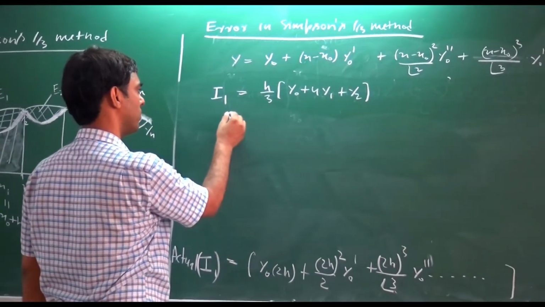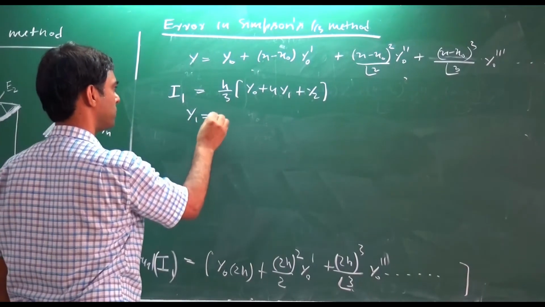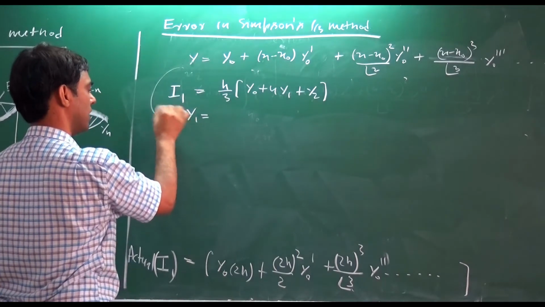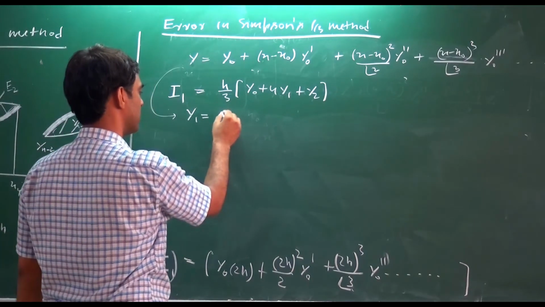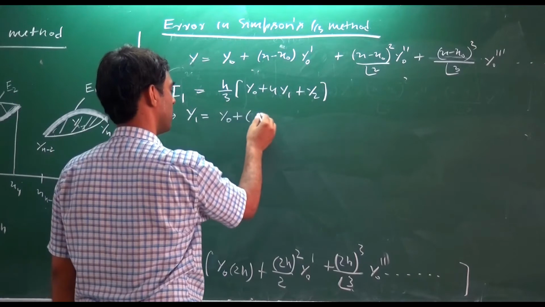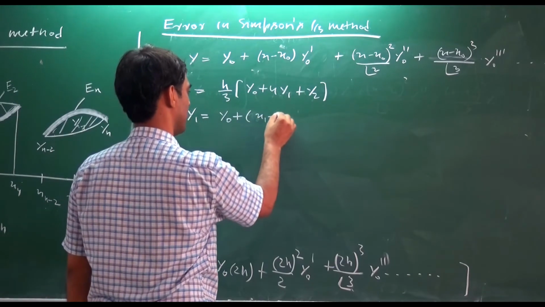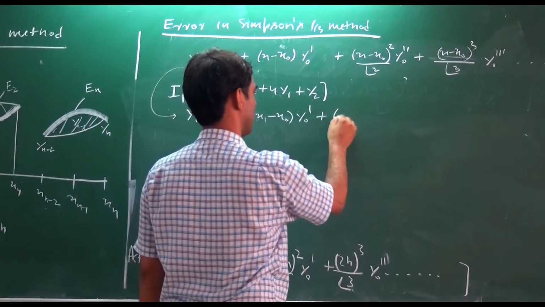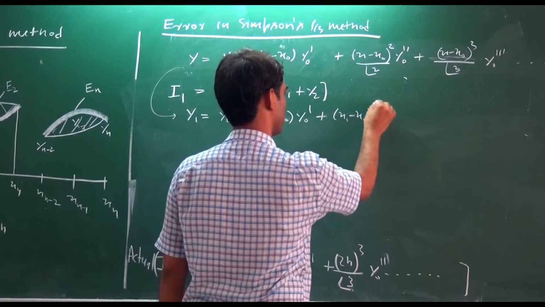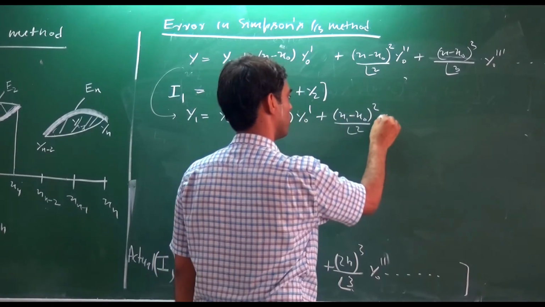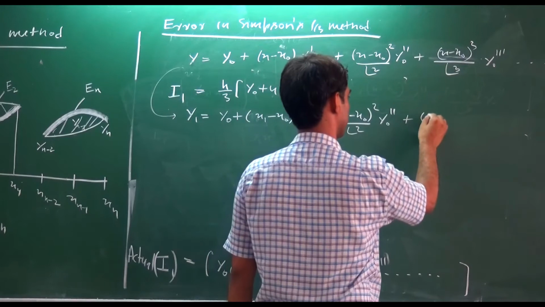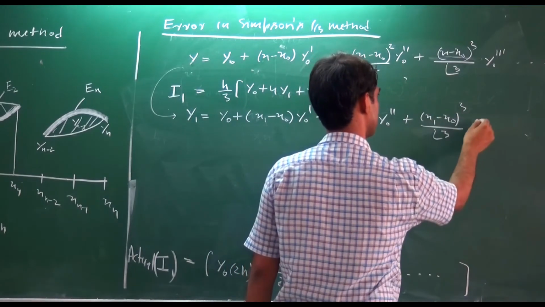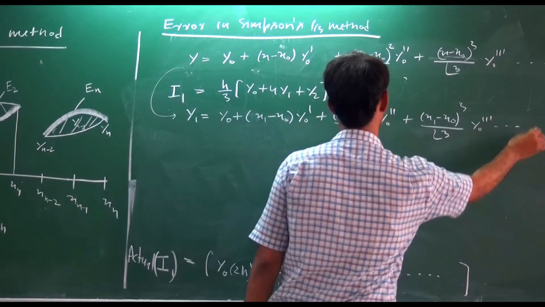So what is the value for y1? Y1 becomes y0 plus (x1 minus x0) y0 dash plus (x1 minus x0) whole square upon factorial 2 y0 double dash plus (x1 minus x0) cube upon factorial 3 y0 triple dash and so on.